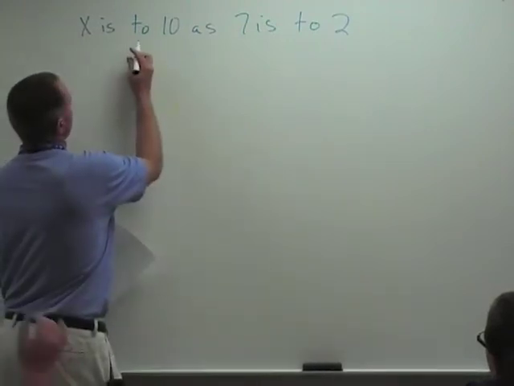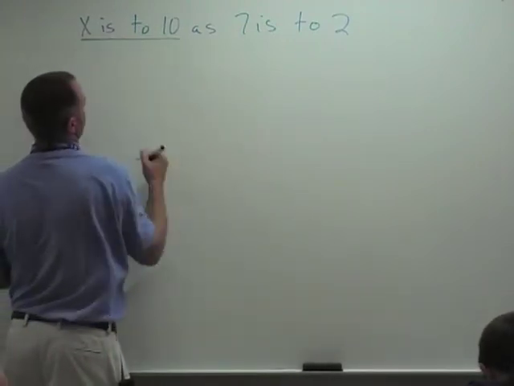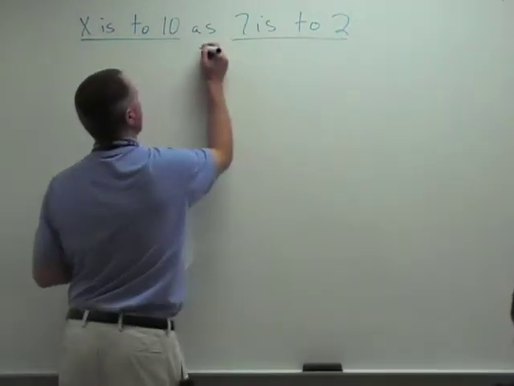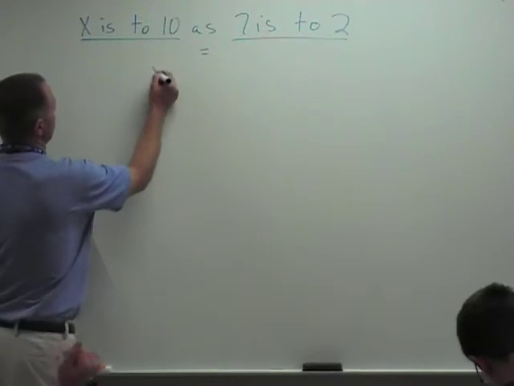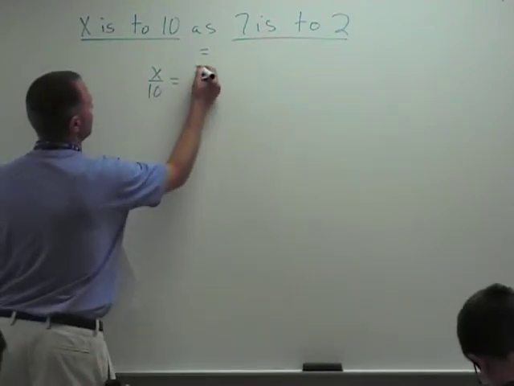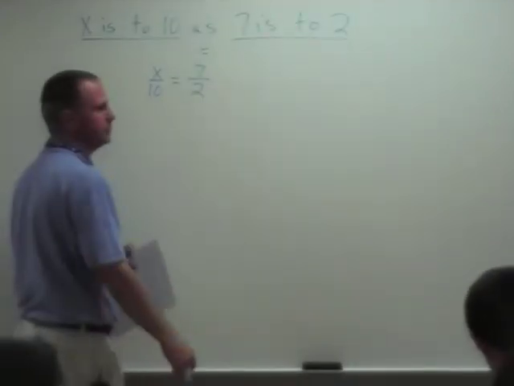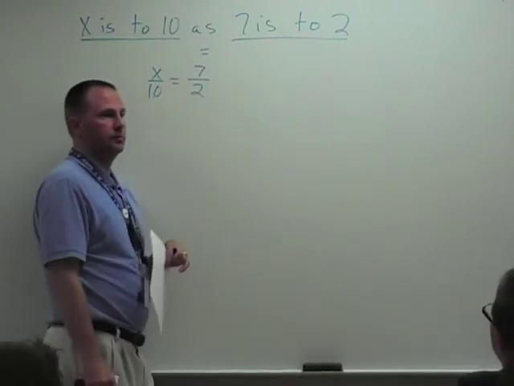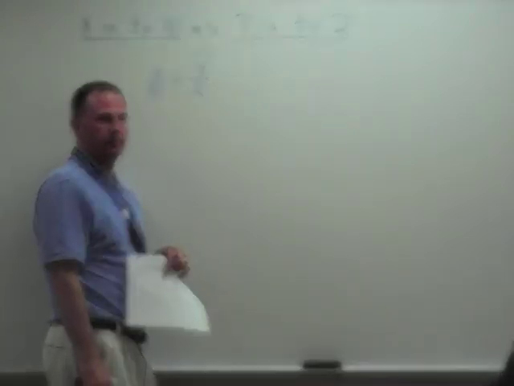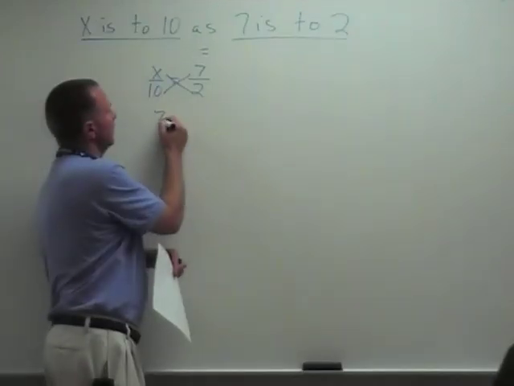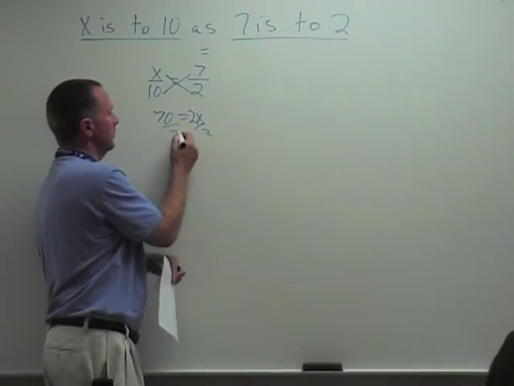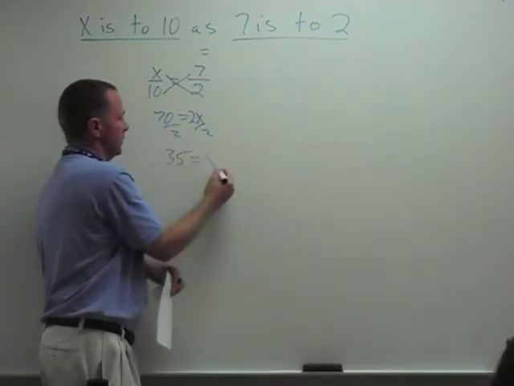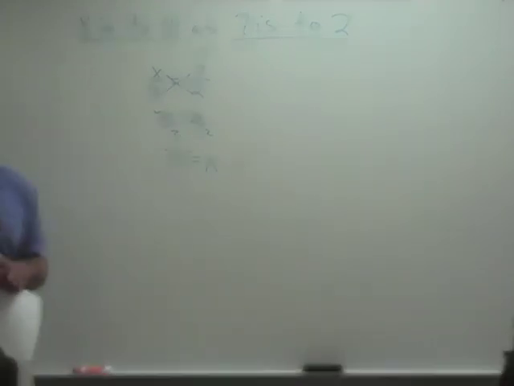So remember, this is your ratio, that's a ratio, and 'as' is treated as equals. So x is to 10 as 7 is to 2. Which is what? 35. 2x equals 35, so x equals 35/2. Any questions?